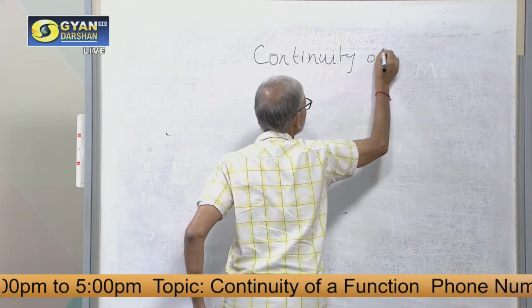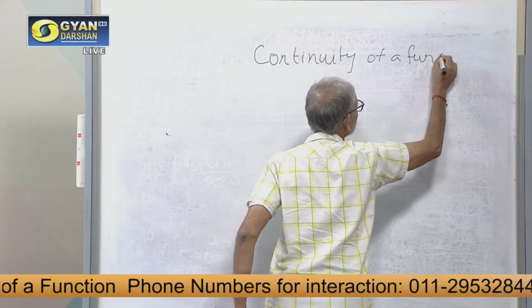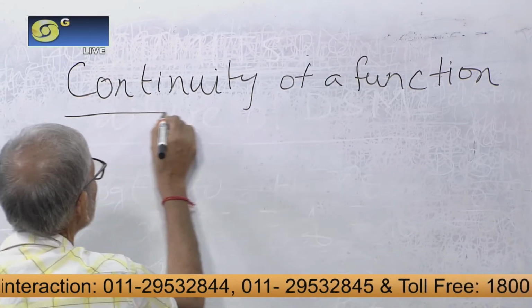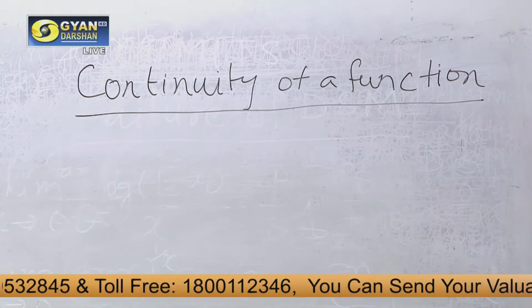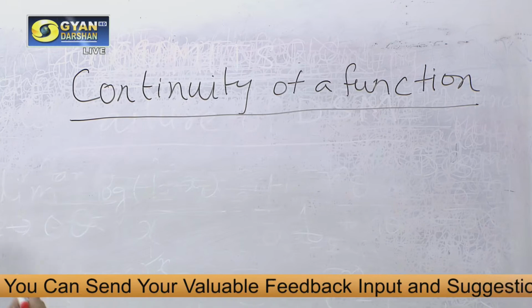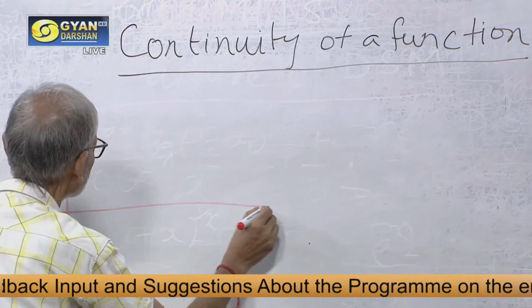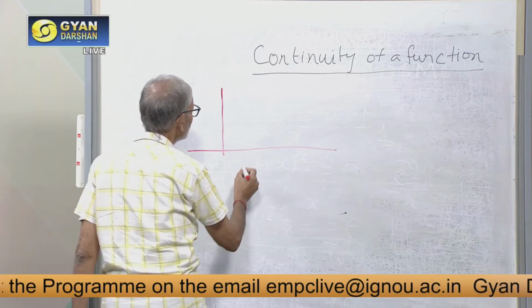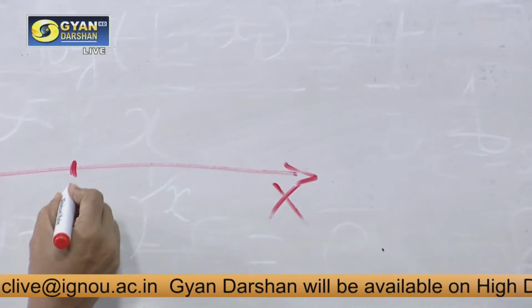Continuity of a function. Continuity is very much related to limits. You know, this is a graph and suppose this is x at any point x a.